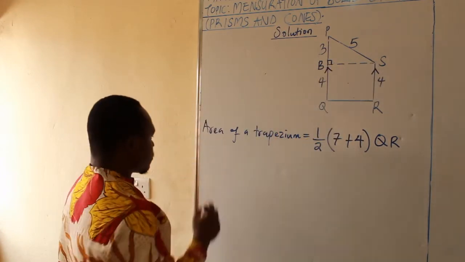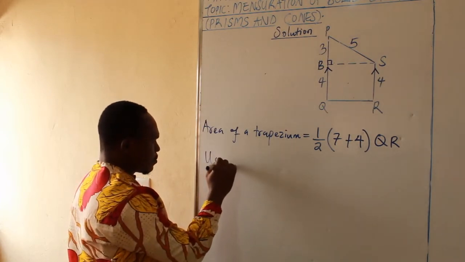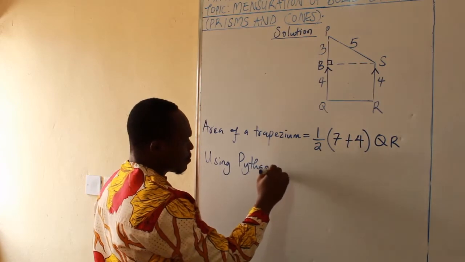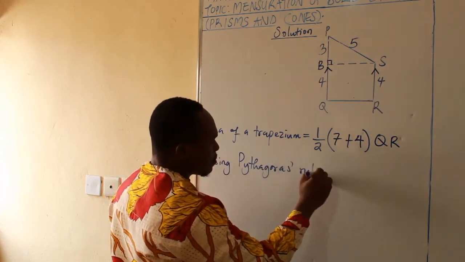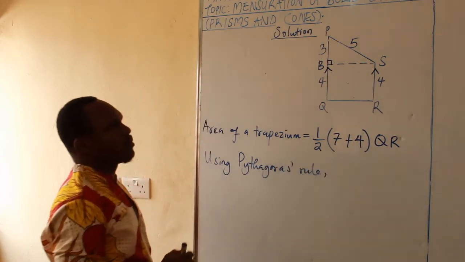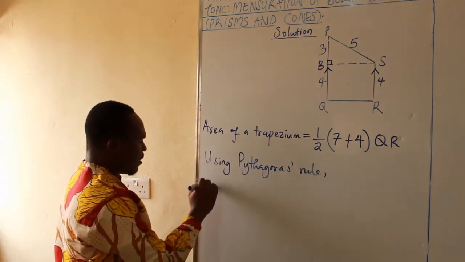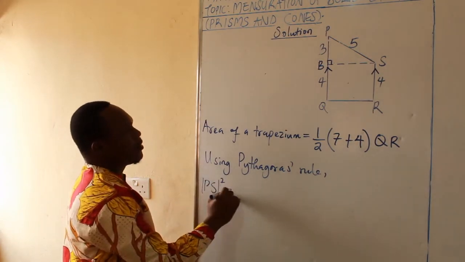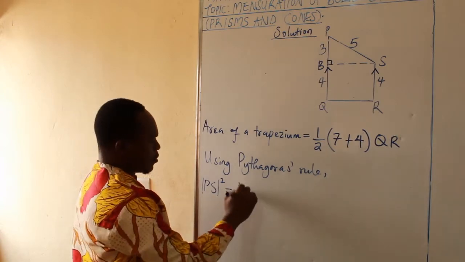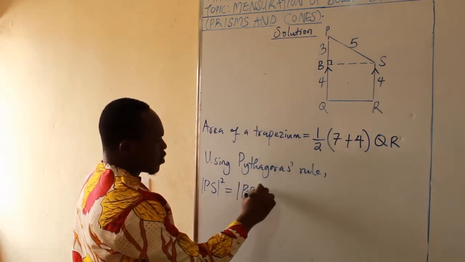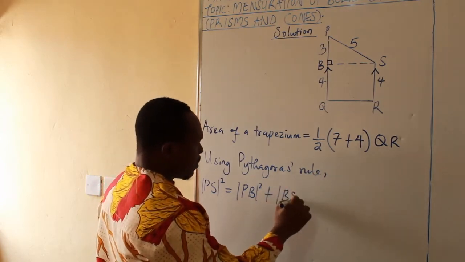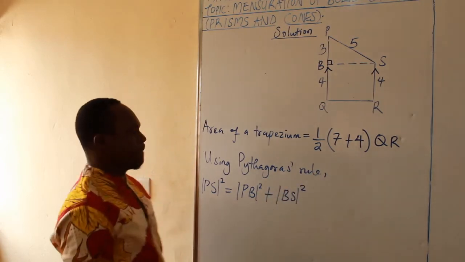So using Pythagoras' rule, we have PS squared is equal to PB squared plus BS squared.